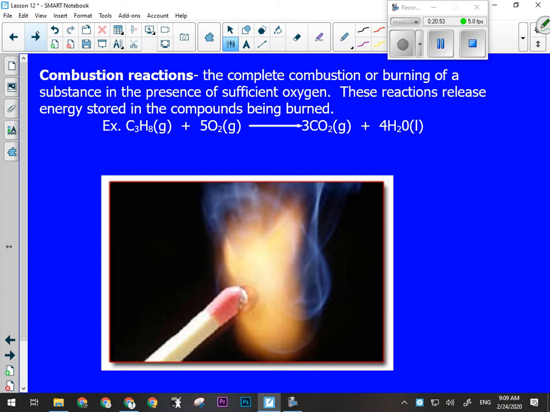Because coal is a much larger hydrocarbon molecule. This is propane right here, C3H8. Coal is like C18 or something like that. It's a much bigger molecule. So when you burn it, you produce way more carbon dioxide than you do with propane.